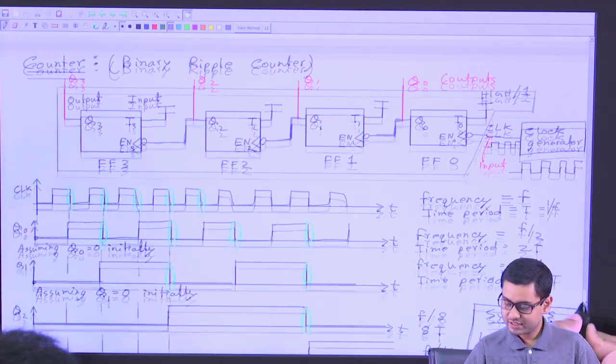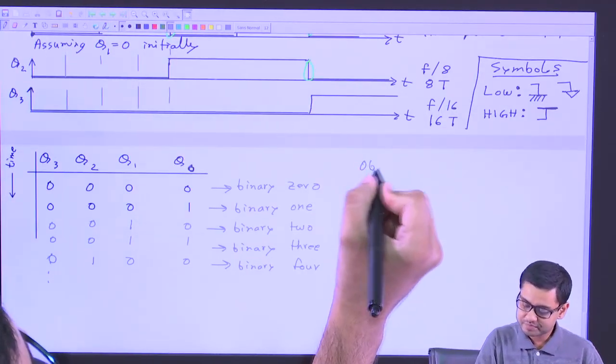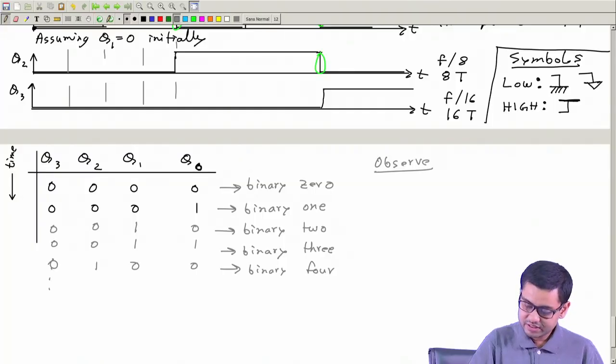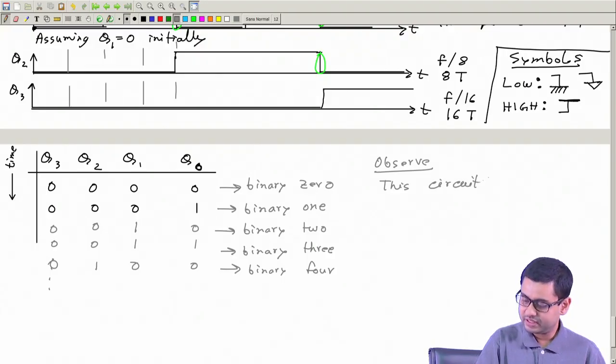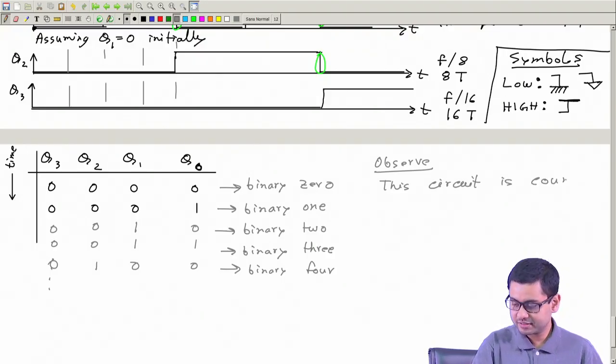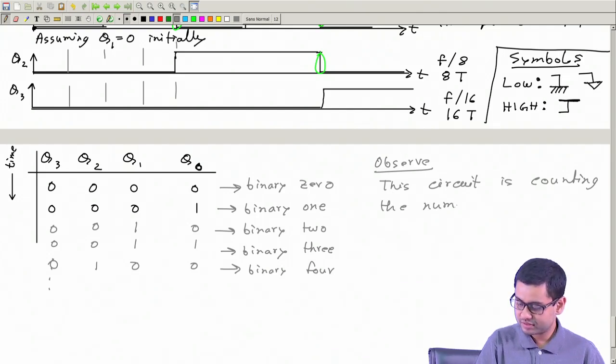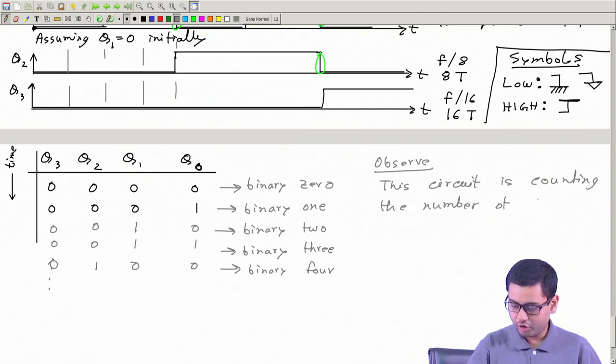So here you observe this circuit is counting the number of falling edges.